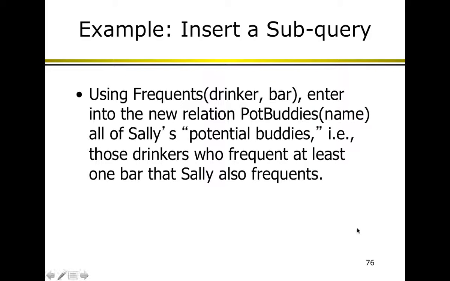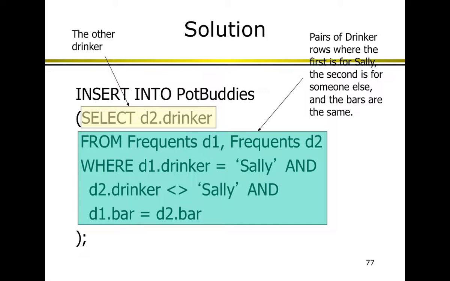So this generally wakes up people towards the end of the lecture when they go, there's not very much more of this, don't worry about it. But using frequents, enter into new relation potential buddies all of Sally's potential buddies. Those drinkers who frequent at least one of the bars that Sally also frequents. So here we go. Insert into potential buddies.